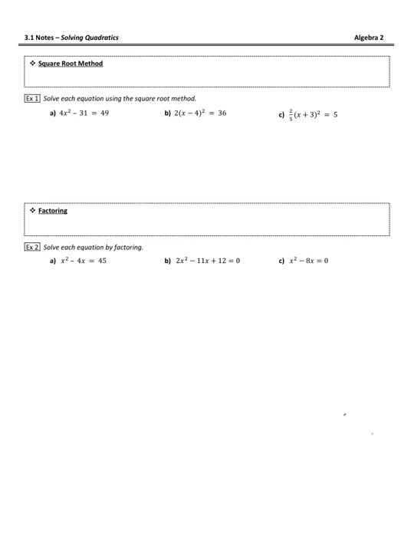So the first thing we're going to talk about is the square root method. This is going to come up when we do completing the square, but it's when you have only one squared term with x. There's no other single x in the problem.